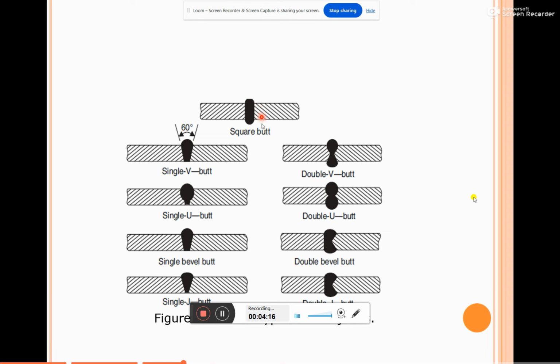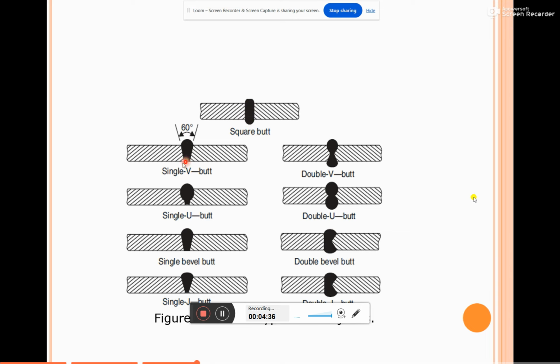Such a joint we call the square butt joint. It is mainly suitable where full penetration can be easily achieved.